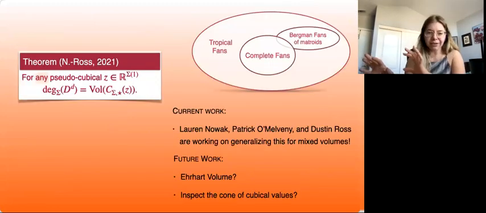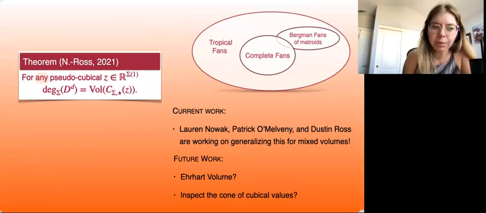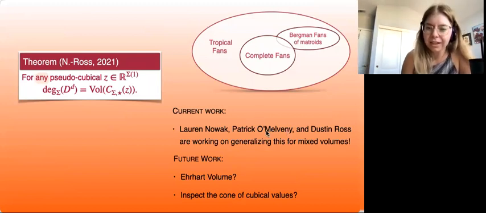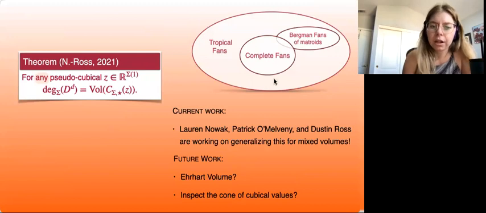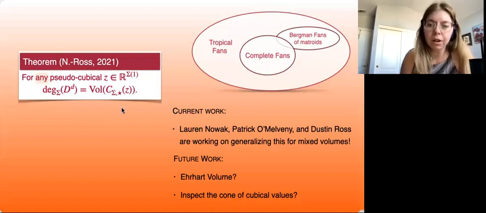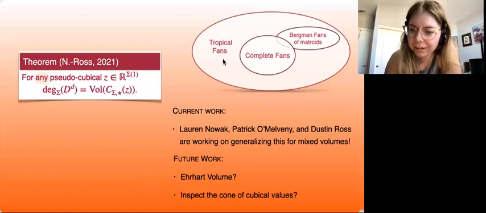So we've seen that pseudo-cubical values exist, and we were able to expand long known results for complete fans to all tropical fans using the structure of Bergman fans, because really the things that we needed to make these two volumes equal are having a cubical value and having a weighted balanced fan, which the tropical fan has.